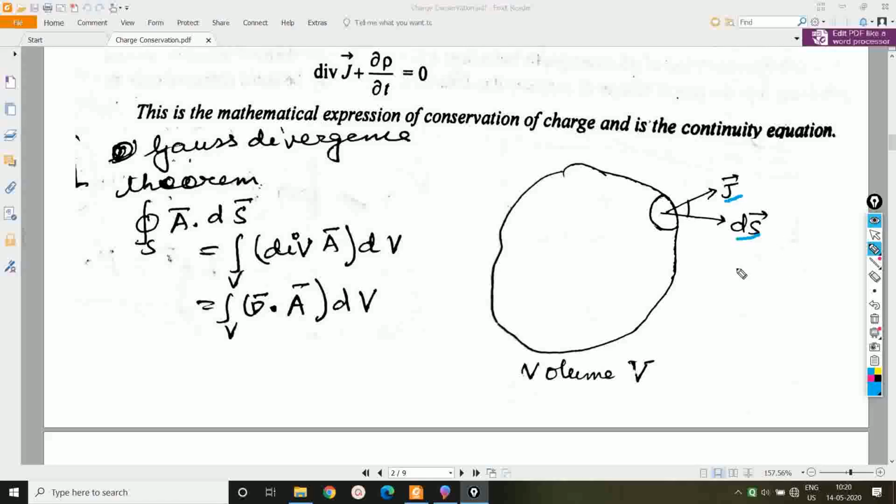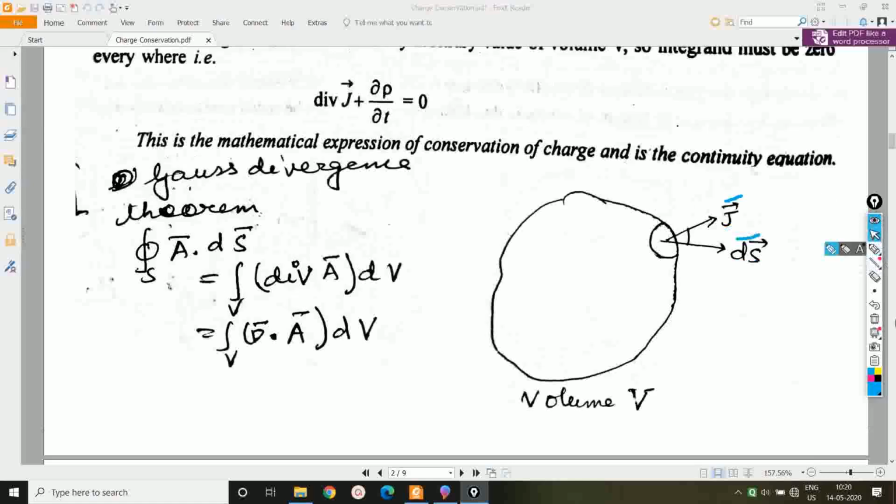So if you want to find out the current through this entire volume V of this surface S, then the equation which I have already shown you will come into consideration.